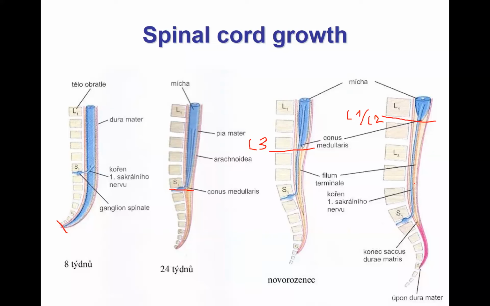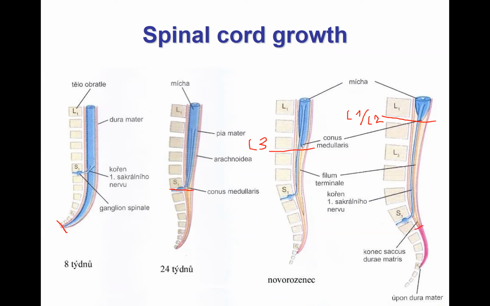What continues here is called Cauda equina, and it is encompassed by a continuation of the meninges. So we have three meninges, and the meninges continue also down, and they terminate approximately at the level of C2.